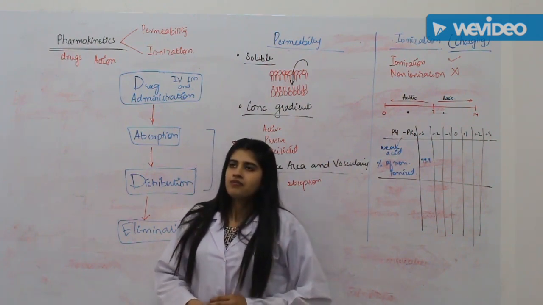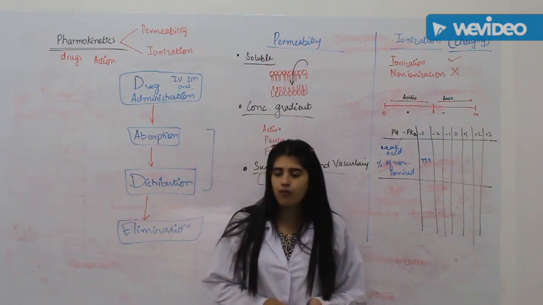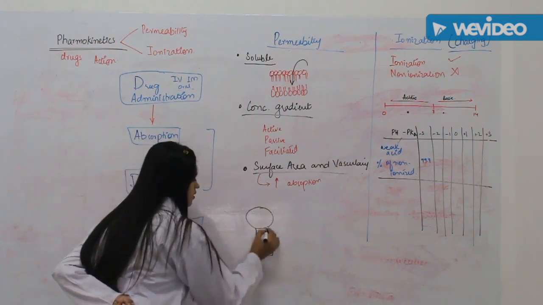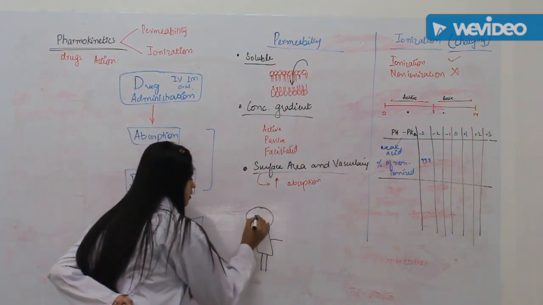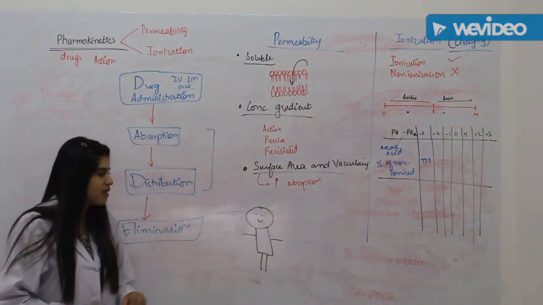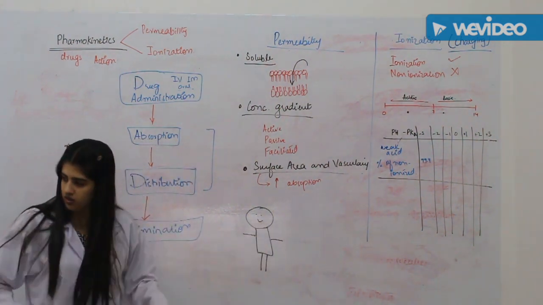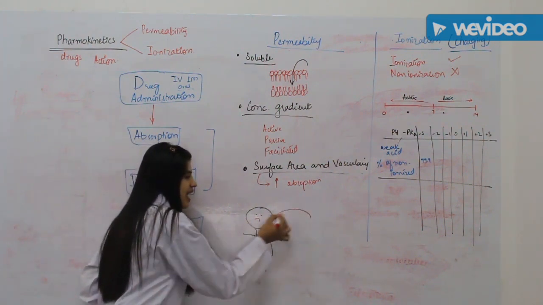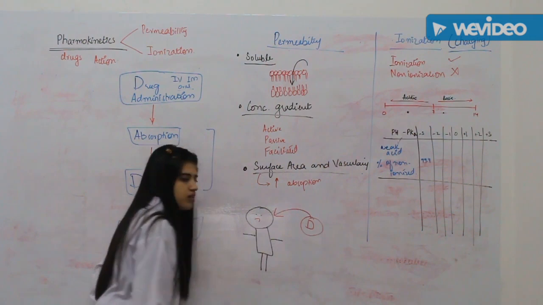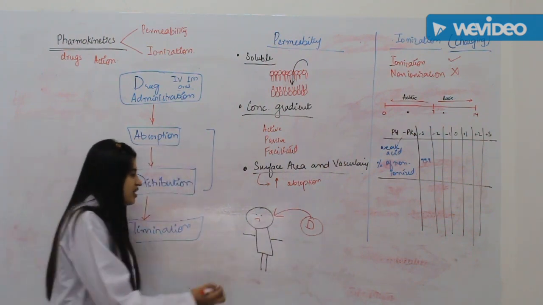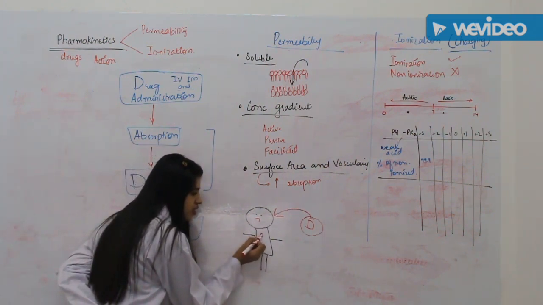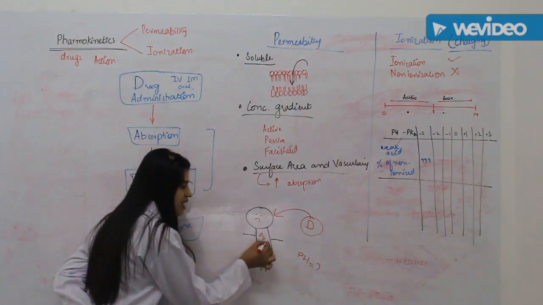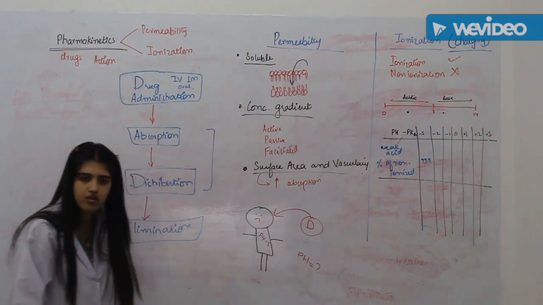Okay. We have got a body. This man is sick. If he is sick, we can say he has to take the drug. But its normal pH is 7, and now its pH is 5.